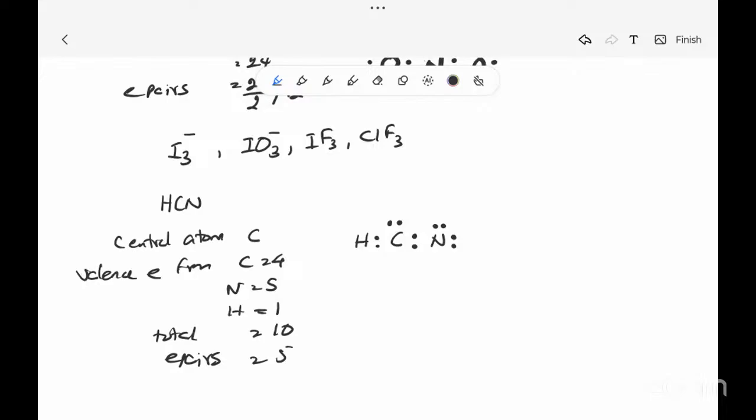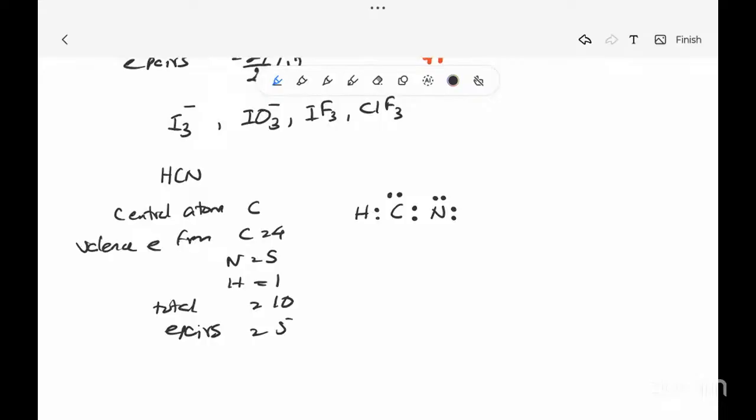Then total there is 10, electron pairs 5. So let's place the formal charges then. Here the formal charge on top of the carbon atom, 1, 2, 3, 4. There is no formal charge here. Then on top of the nitrogen atom, +1 is here.